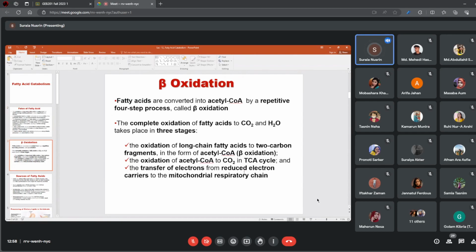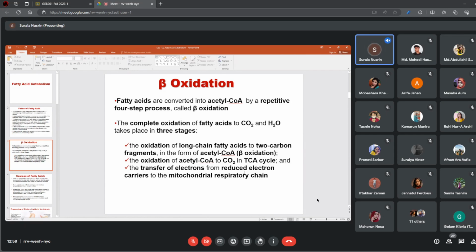Okay, so the pathway by which the fatty acids are oxidized into acetyl-CoA, that oxidation occurs by a repetitive 4-step process, and that is called beta oxidation. That means from a fatty acid we get acetyl-CoA.